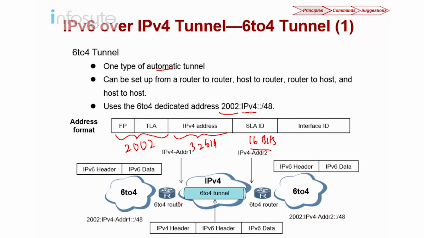Now you can see that the format is similar except that the addresses are different. So you can see that the format here is IPv4, IPv6 header, and IPv6 data.